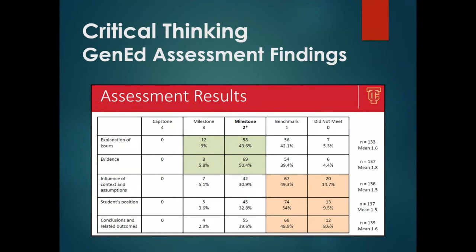And also, as a former English teacher, I've seen that addressing context, assumption, and student position are the areas where my students at the community college level had the most difficulty with regards to critical thinking.